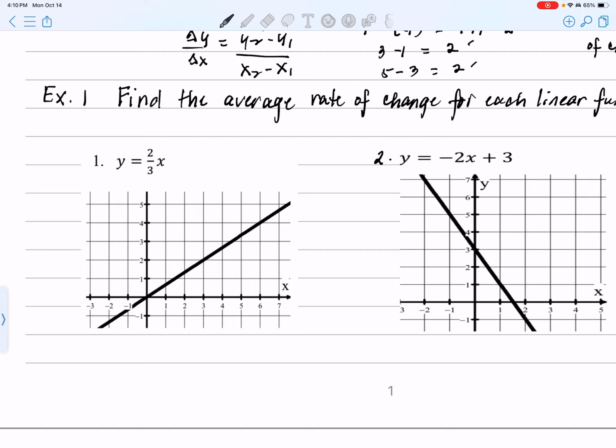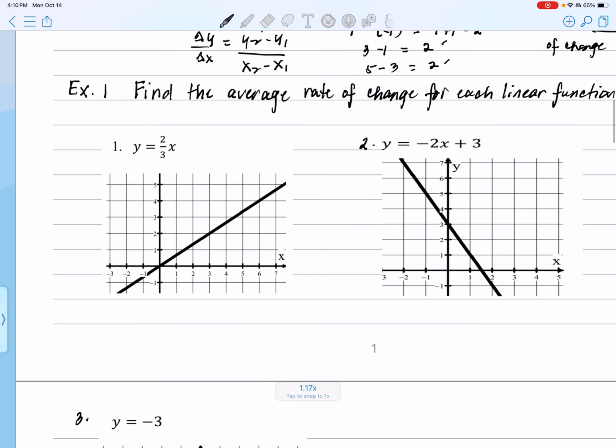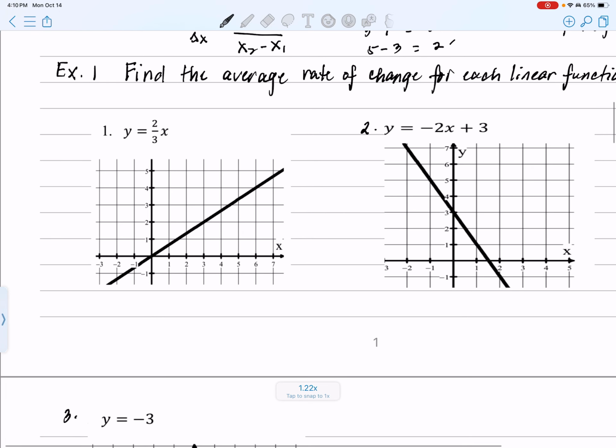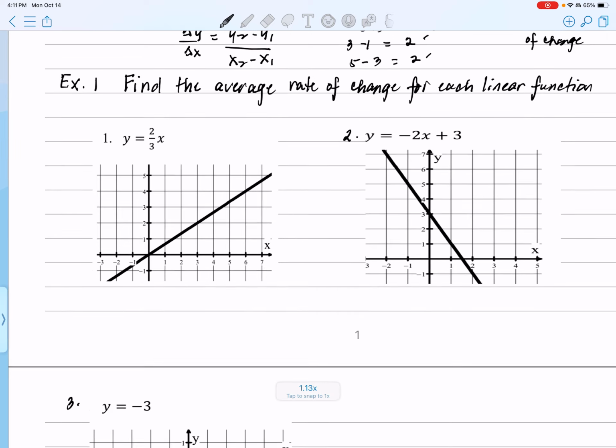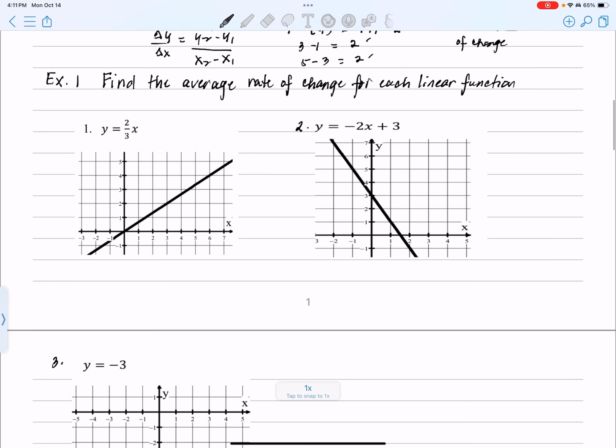Okay. Find the average rate of change of each linear function. So linear. If I will be asked, and there is in the question nothing other than asking you to find the average rate of change, I could tell right away with this that this is the slope, right?